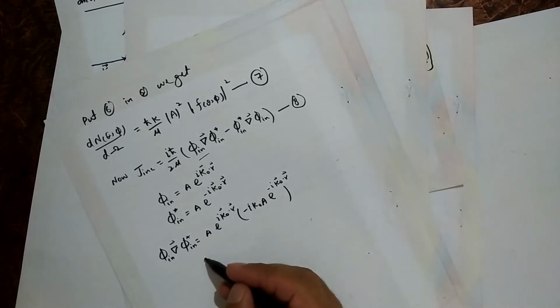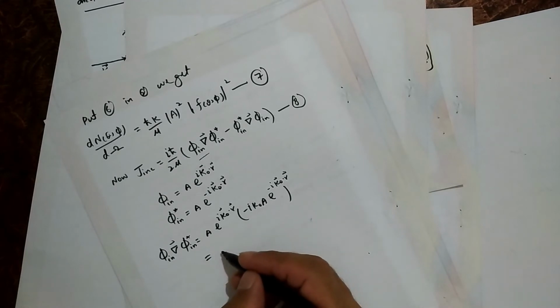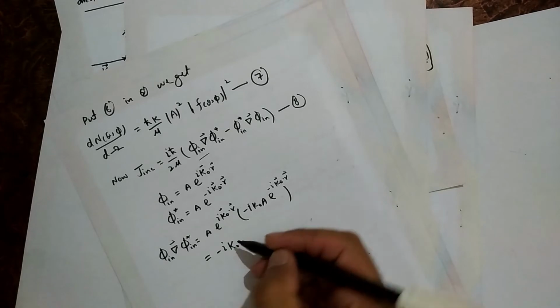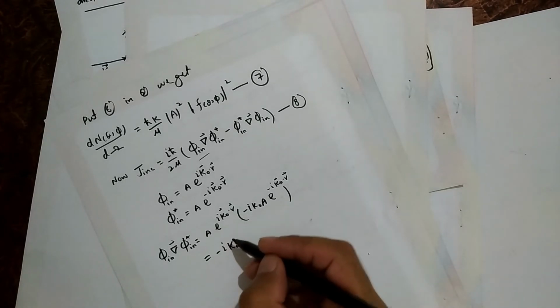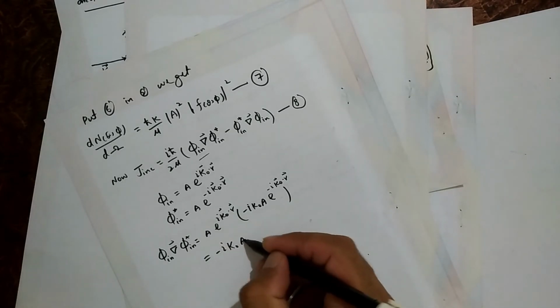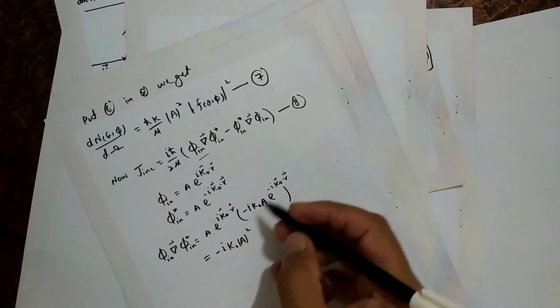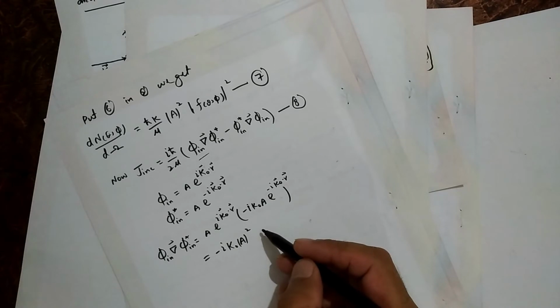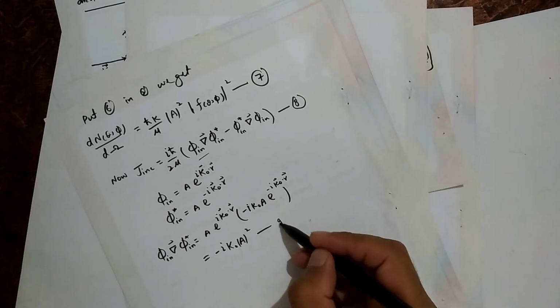Clear? So by multiplying this term as well, we will get minus i k naught into a square. This will become 1. This is equation number 9.